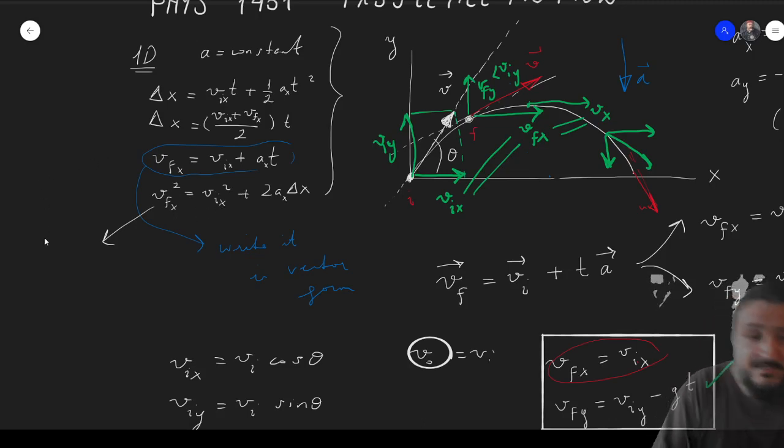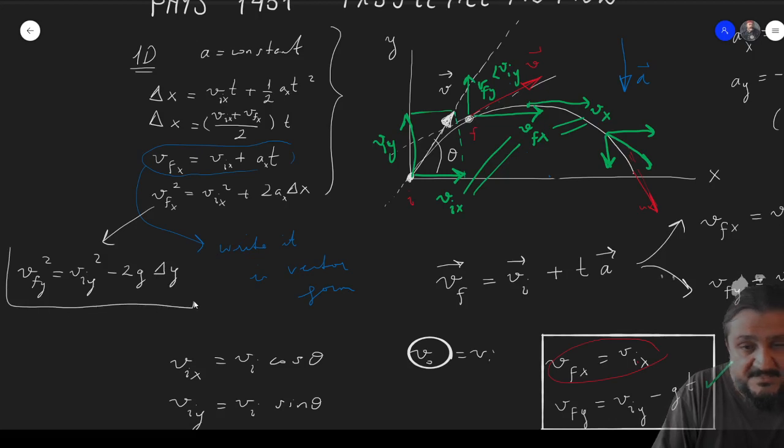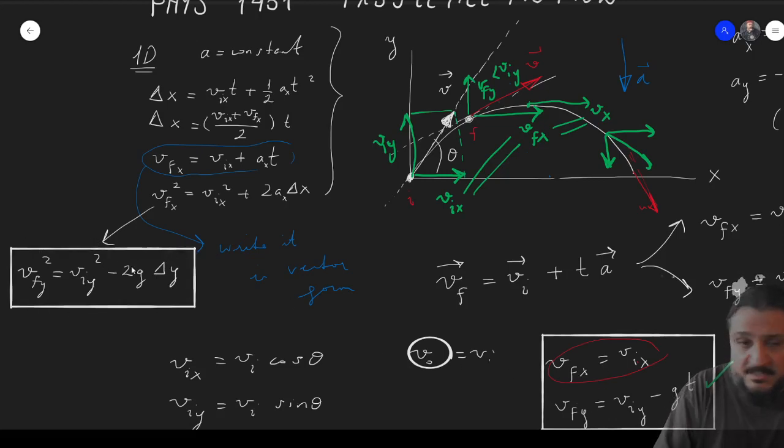But what about the y direction? We can write it. V final y squared is equal to V initial y squared, replacing ay with negative g, negative 2g delta y, of course x replaced with y. So I could use this equation here. Now, two equations here, one equation there, 3.